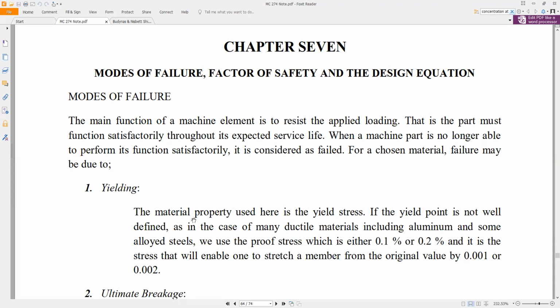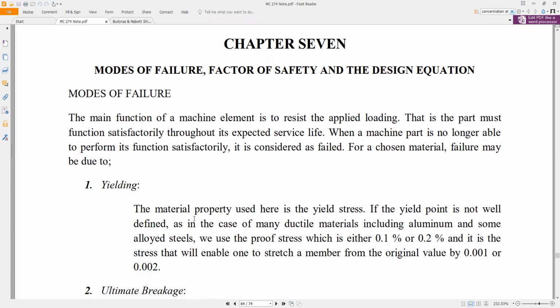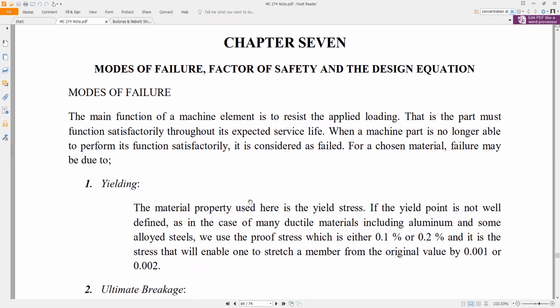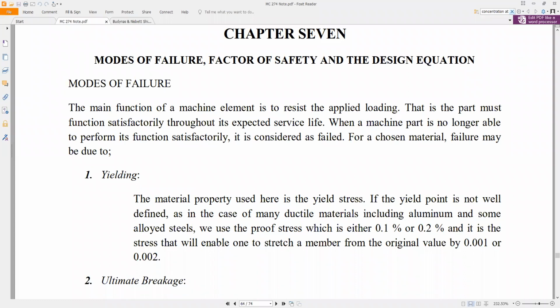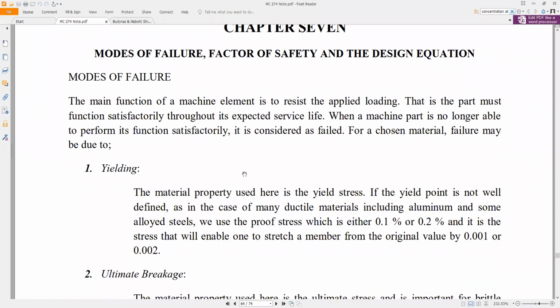All right, so we are looking at modes of failure, factor of safety, and some design equations, okay? So there are different modes by which a material or a machine element can fail. But we know that the primary purpose of a machine element is to resist the applied load on it.